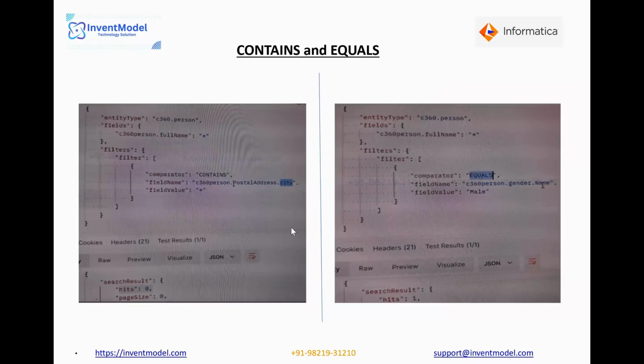Here we have been given two examples. One is for contains, and one is for equals. What is the difference here? Contains means that the field can have a particular value that we are looking for. Like the full name is Isha Kumar Malhotra, right?